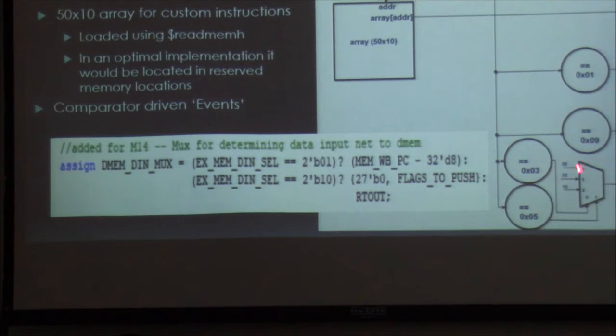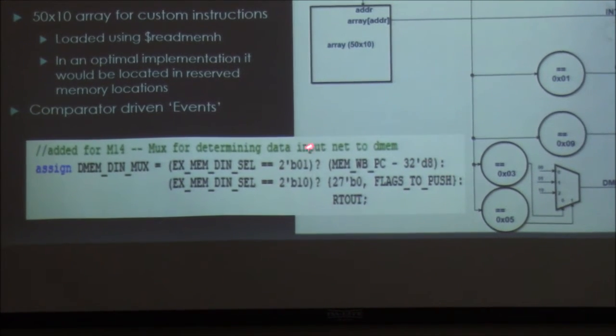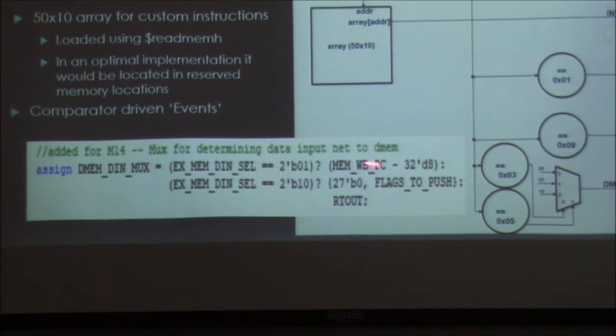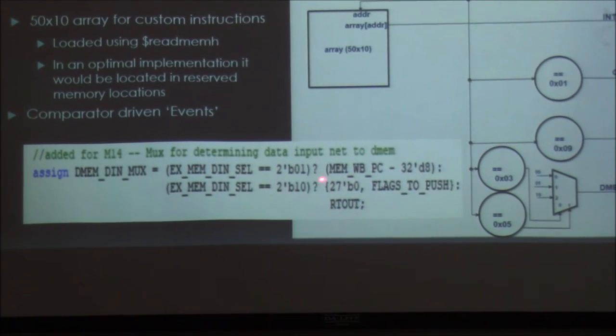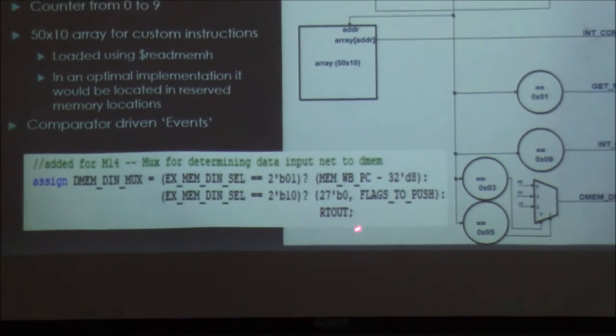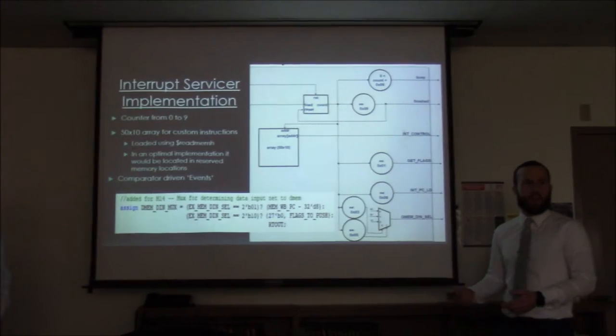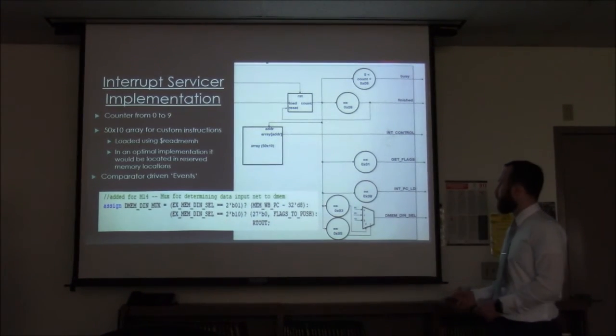When count equals 3, we're going to load the program counter into memory. When count equals 5, we're going to load the flags into the memory. And the normal operation of this MUX is just to let RT out go through, which is our pipeline version of our data out from our IDP.